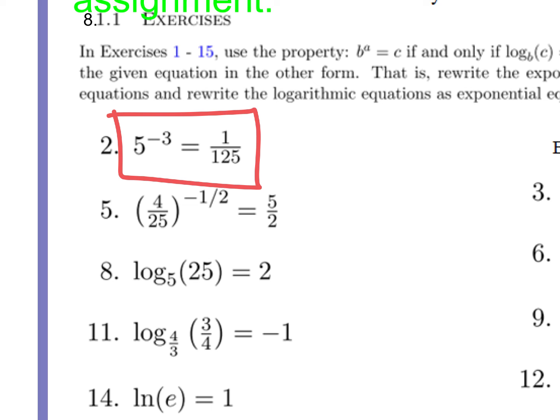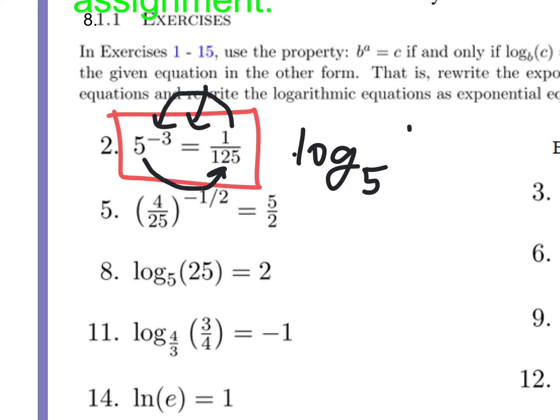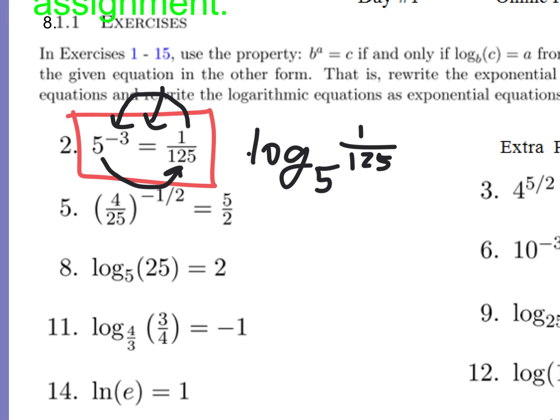So let's take this and write it as a log problem. Log, and what's the base? 5 of, where do we go next? Circle of logs. Of 1 over 125 will equal -3.